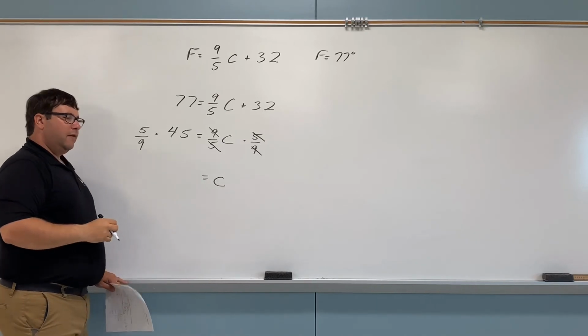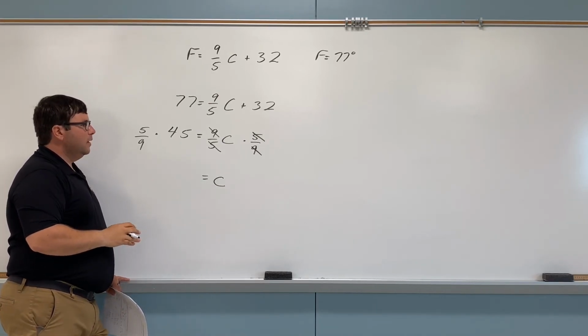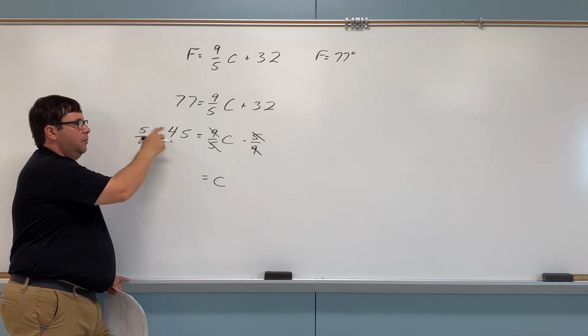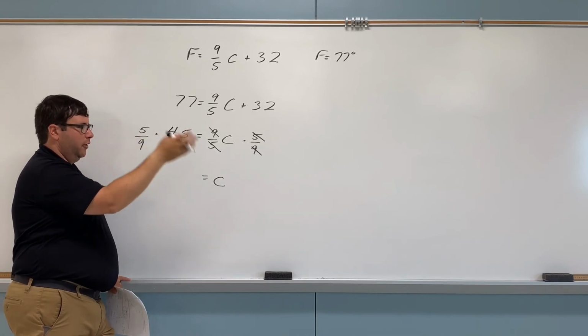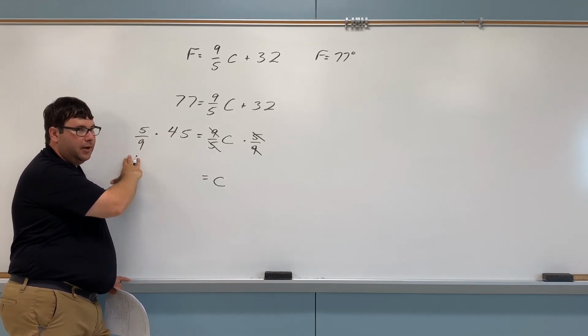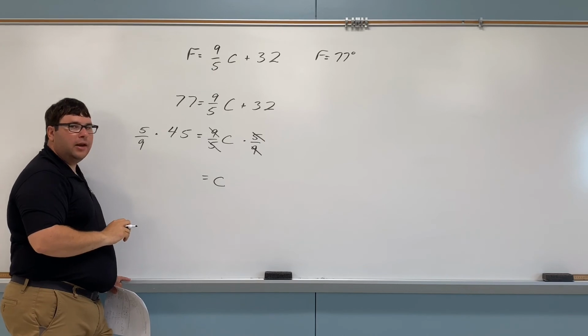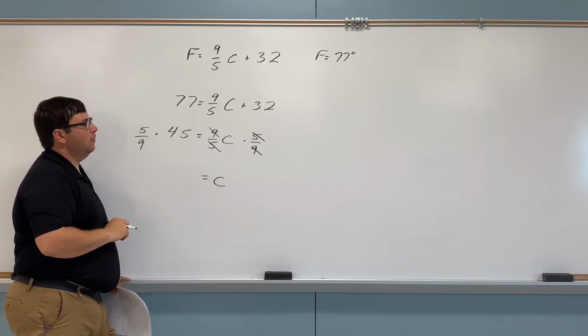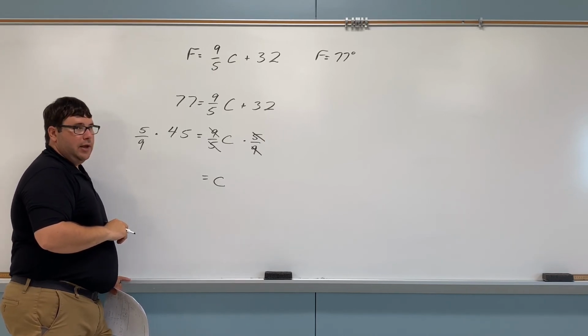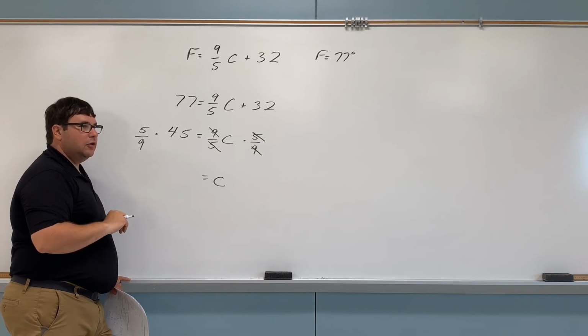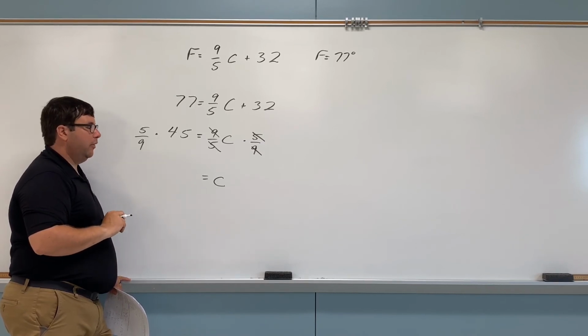Now this side, let's talk about it. Yes, you could take 5 and multiply it by 45, get a very large number, and then you would divide out by 9. Absolutely, you can do that, and I'm not going to stop you if that's what you want to do. You can also punch it into a calculator. That's perfectly fine too. Just make sure it calculates correctly.